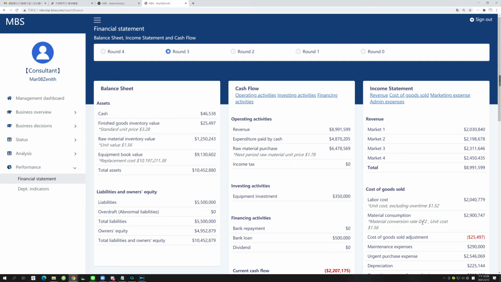So for each unit of raw material we use for production, with 60 cents on the material unit price, as well as the material consumption of about 1.5, the cost of making this product will be around $1. And that will affect the cost structure of your decision.